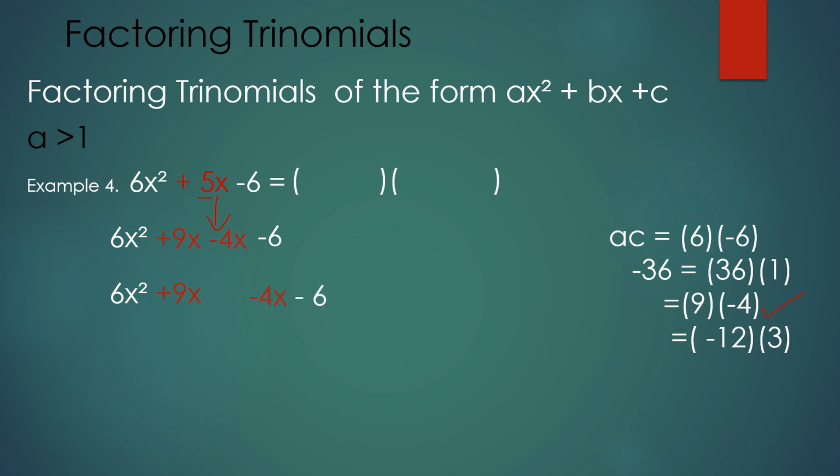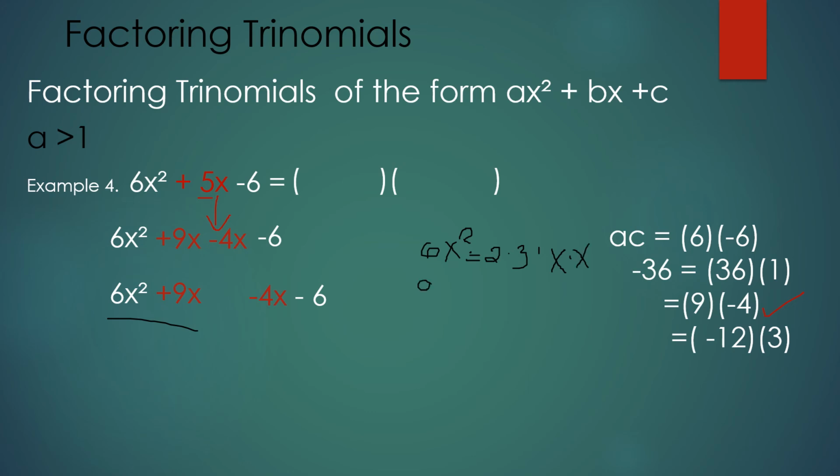Ifa-factor na natin ngayon itong first two terms natin using common monomial factor. So, 6x squared. Alam natin na ang 6 ay hindi pa siya prime number. So, mas madali itong gawing prime factorization para makuha niyo yung GCF. And then, x times x.